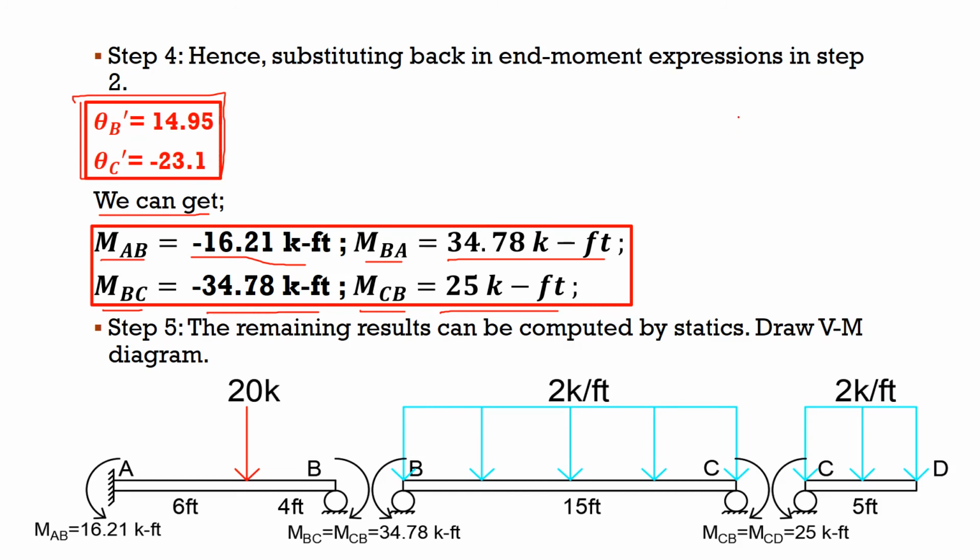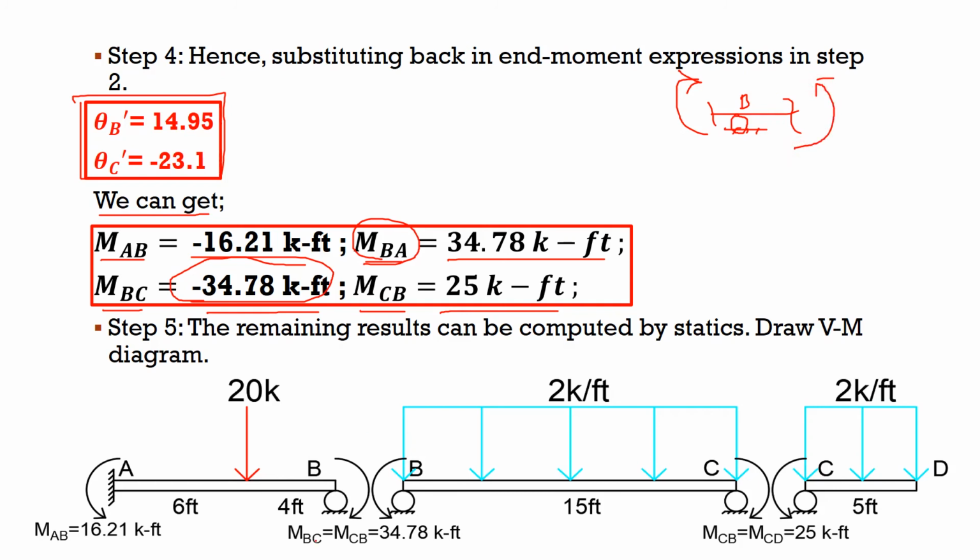Makita nimo that, di ba, nakakay condition ka ganina? Tama? Sa joint B. Di ba? Nakakay condition dala sa joint B. Makita nimo that MBA is positive, di ba guys? So, positive, 34.78. Then, BC is negative 34.78. Okay.